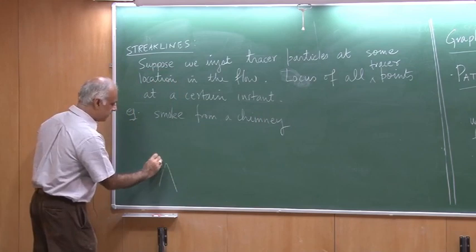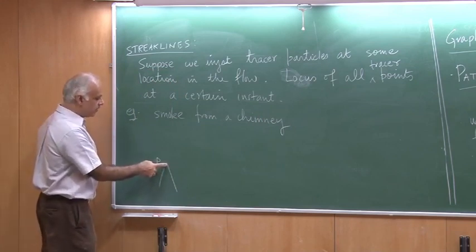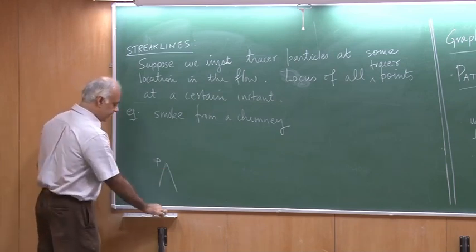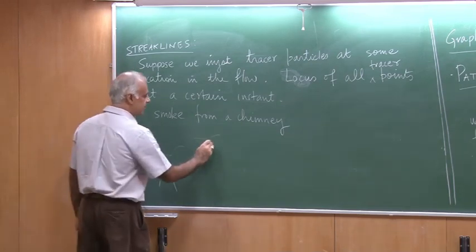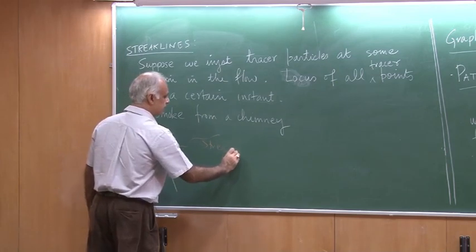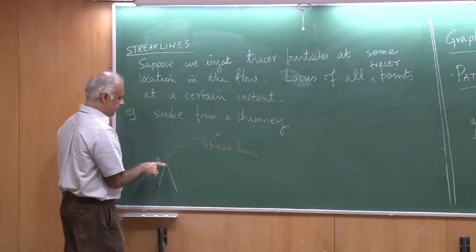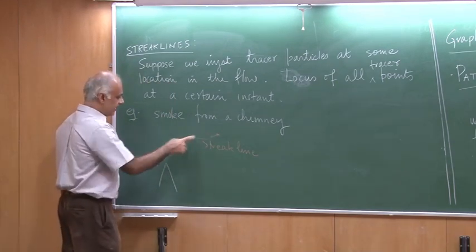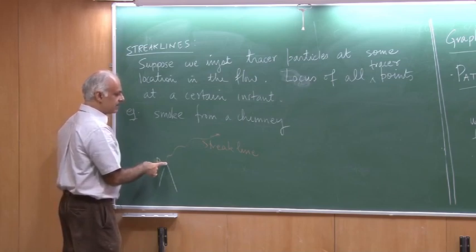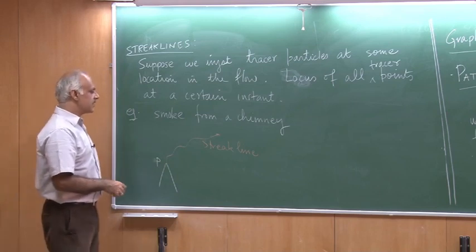So there is a point P here, and you can imagine all the smoke at some time instant would cross this point P. And therefore, if I get this trajectory, this is a streak line. Because this particle here passed through the point P a long time ago. This particle here had crossed this point at some time, and so on and so forth. Okay? So that would be a streak line.